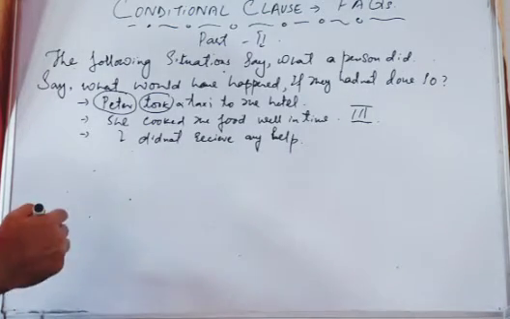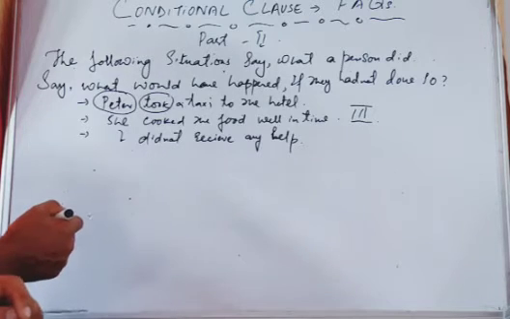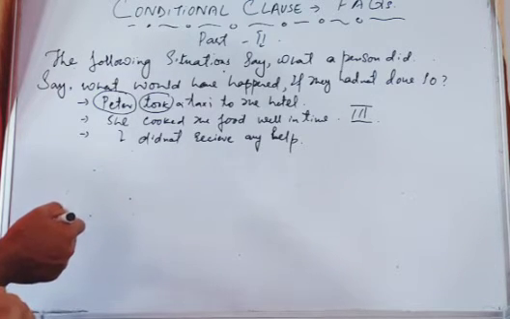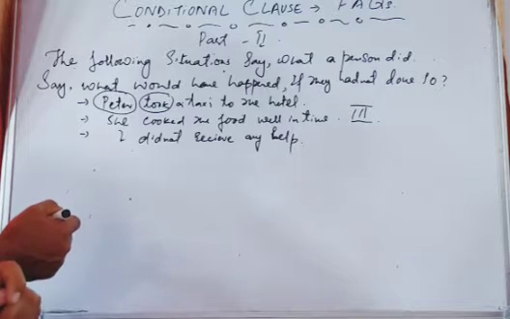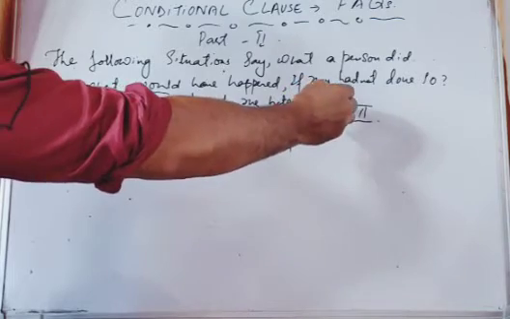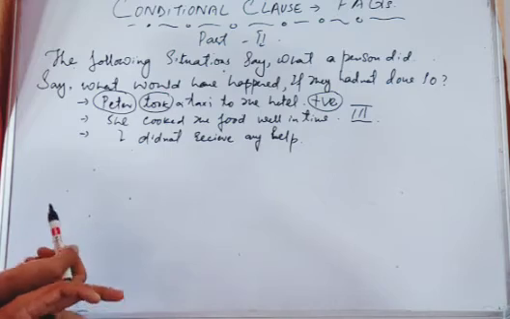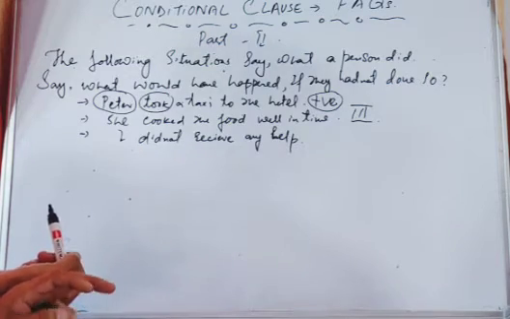So basically solving this type of FAQs, what we have to do, we have to see the given situation and see its sense. If the given situation is in positive sense, this is in positive sense. Why? Because nowhere is not used, there is no negativity in it.